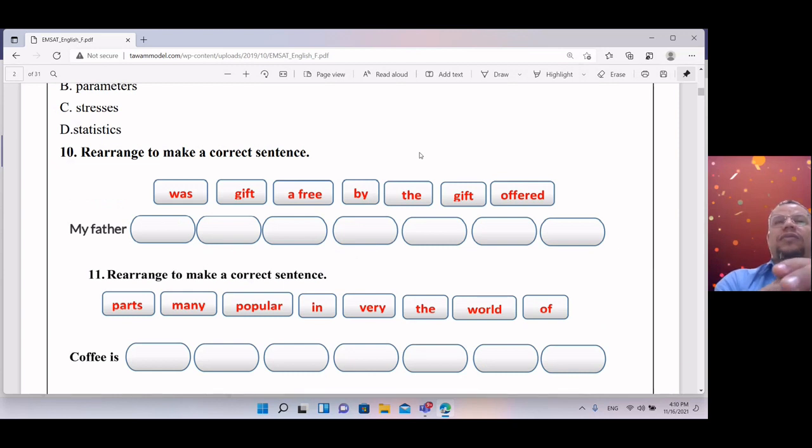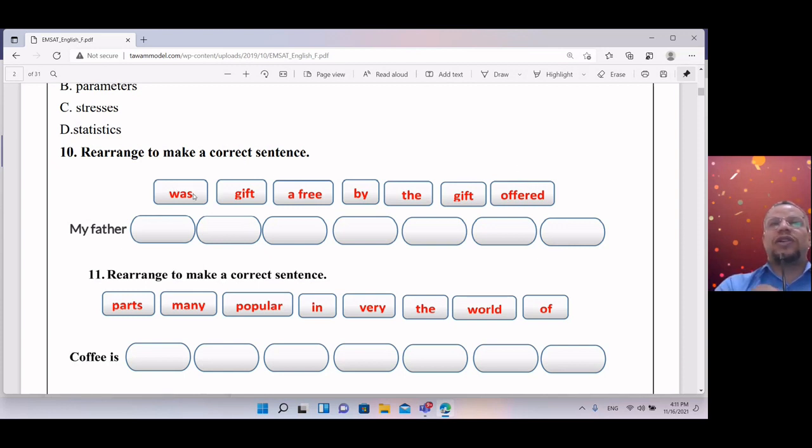Now, the second type in grammar is about rearranging, ordering, reordering word by word to make a sentence. My father, and I have was, gift, a, free, by, the, gift, offered. Okay, my father is a subject, so you need a verb. Okay, a verb means my father was offered, because it's a verb, was offered.